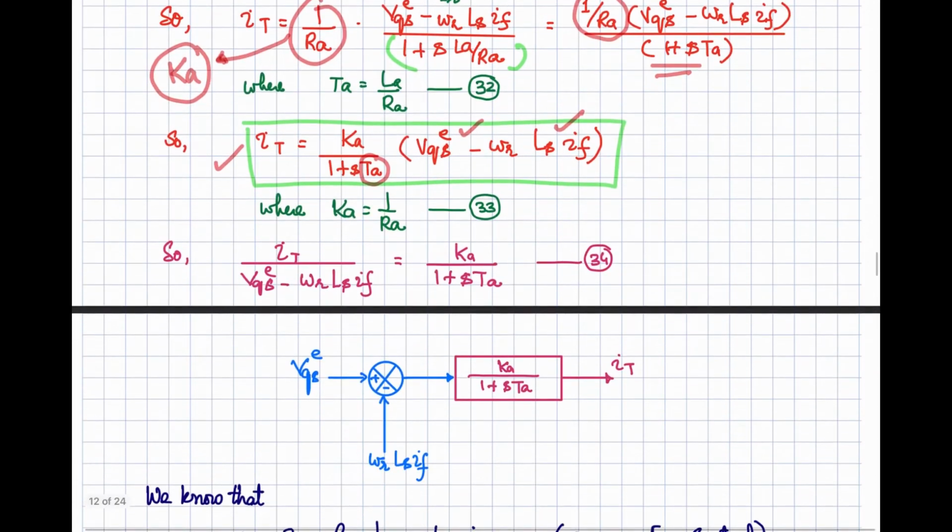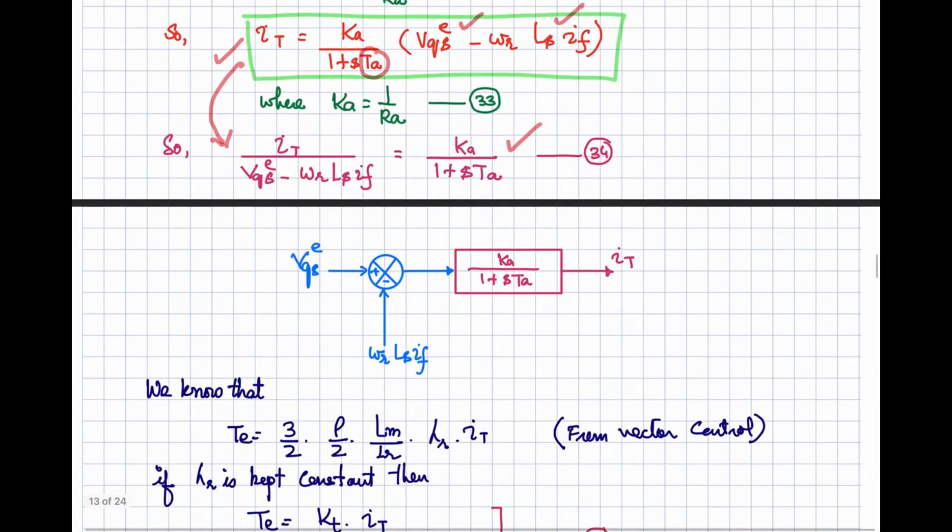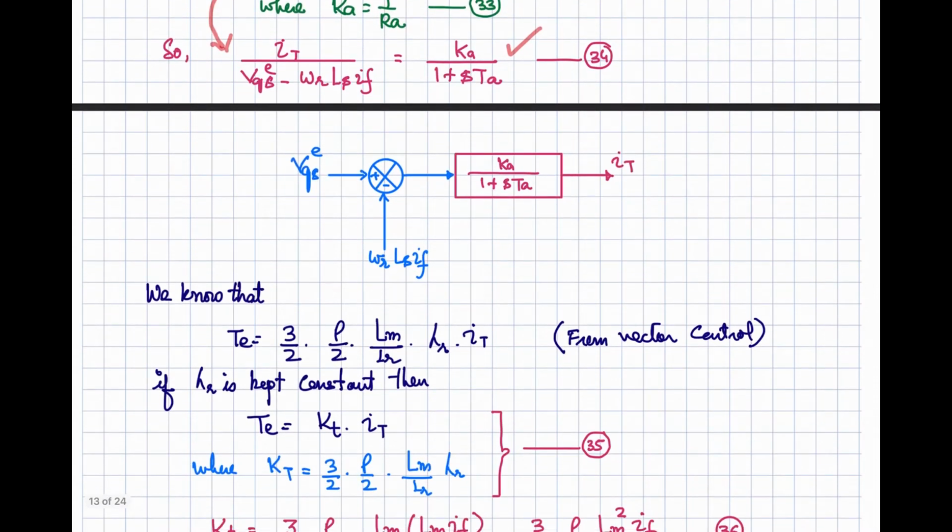Now rearranging this equation, we can write it like that: It divided by Vqs minus omega r Ls If, that is equal to Ka divided by 1 plus Sta. So let's number it equation 24. We can represent this equation in terms of the control diagram like that. Vqs is the input, and the feedback part is this one, omega r Ls into If.